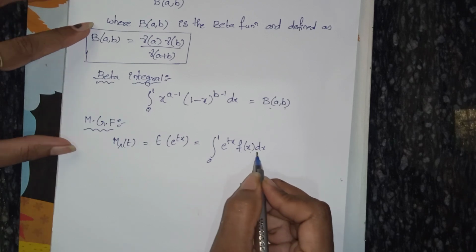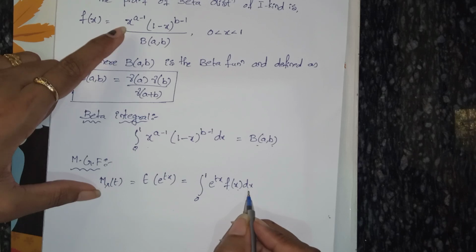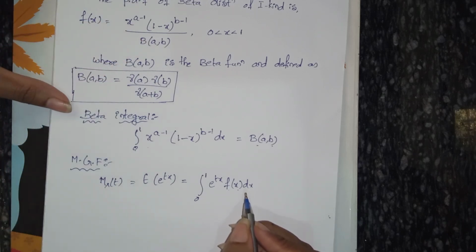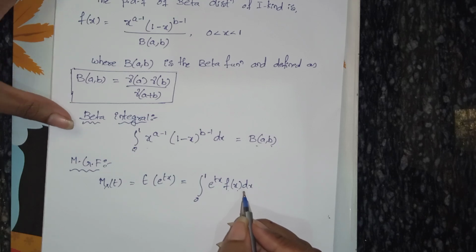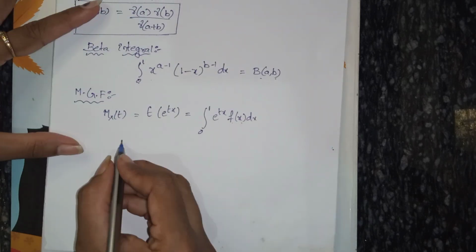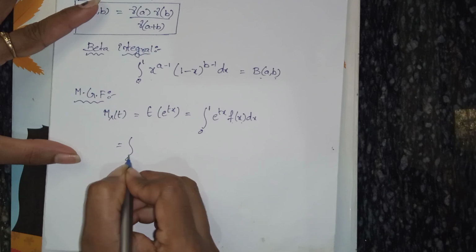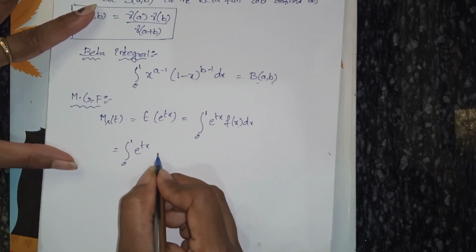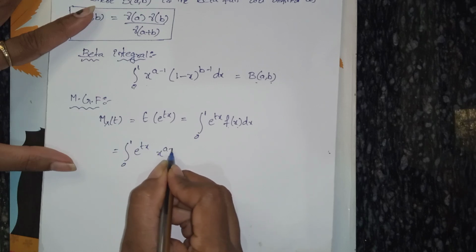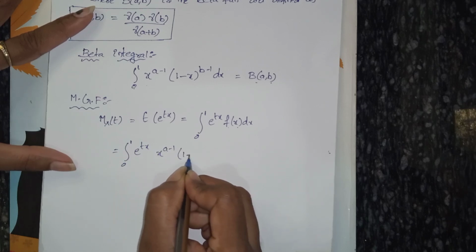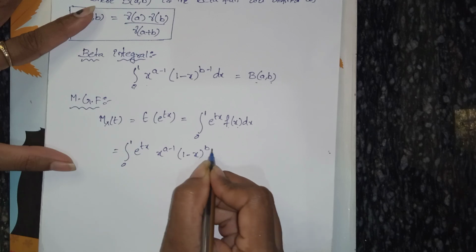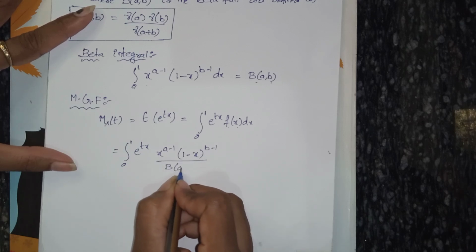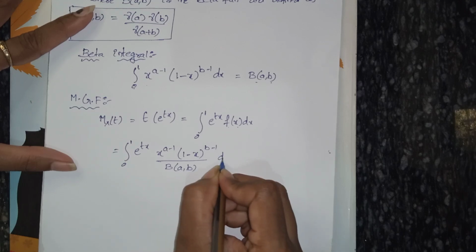So what is f(x)? f(x) is x to the power of a minus 1 into 1 minus x to the power of b minus 1 by B(a,b). So that equals the integration from 0 to 1 of e to the power of tx into x to the power of a minus 1 into 1 minus x to the power of b minus 1 by beta of a comma b dx.